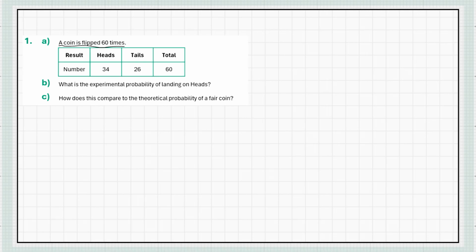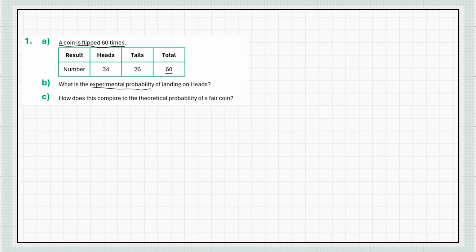Now we've performed the experiment 60 times, and in this table we get our results. So we have our heads, we have our tails at 26. Now, what is the experimental probability of landing on heads?